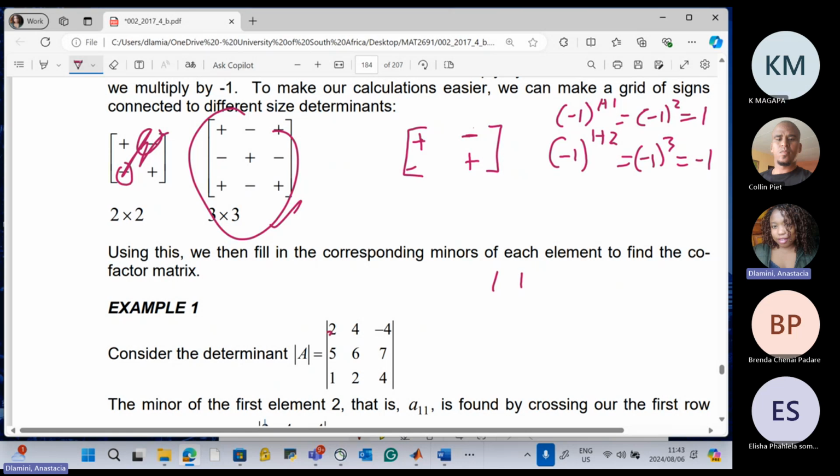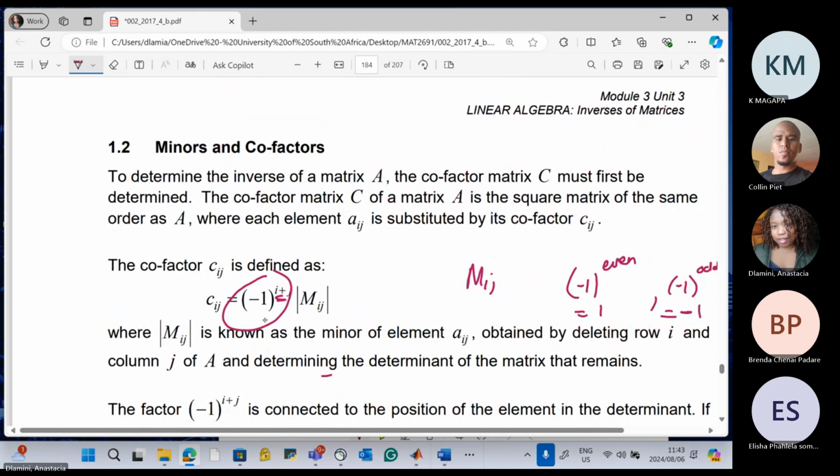So the minor of 2, how do you get it? You cancel the first row and the first column. Then you get the minor M11, which is equal to 6, 7, 2, and 4, which is this M here. Does it make sense? Okay, yes, ma'am.